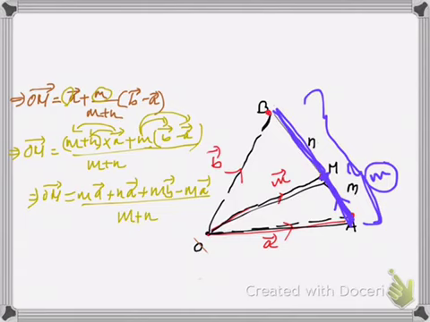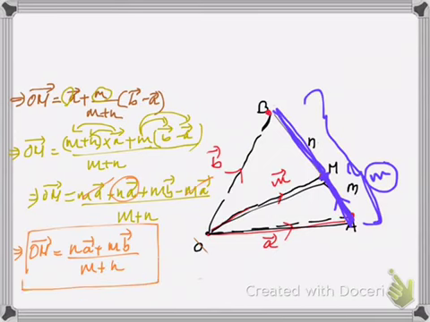Now I can simply cancel ma and minus ma since these two vectors have opposite signs, and here I have OM is equal to n a plus m b divided by m plus n, and here we have our section formula for internal division.